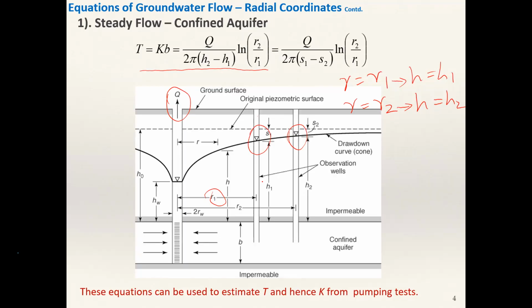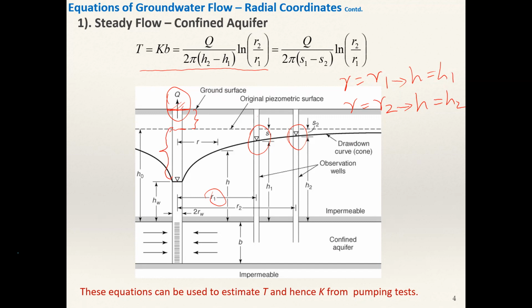Instead, what we can do, we can measure the water level from the ground surface. Let's say this is the ground surface, water level from the ground surface to the water level in the well. The depth from the ground surface to the water level in the well, that we can measure. Therefore, by knowing the original groundwater level, the depth to the original groundwater level, we can find out this one.